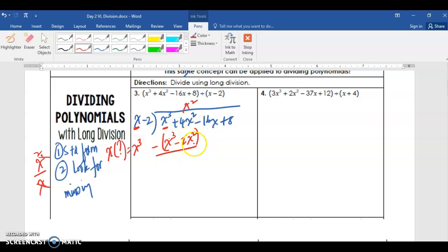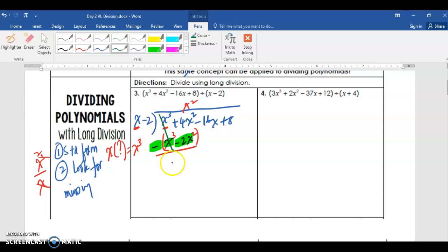Why am I writing this? Because you have to actually subtract both the terms, meaning this negative here, the subtraction, must be done with both the terms. So you have to distribute the negative over both of them. That's the idea. Alright? So when that happens, x cubed minus x cubed is a 0.